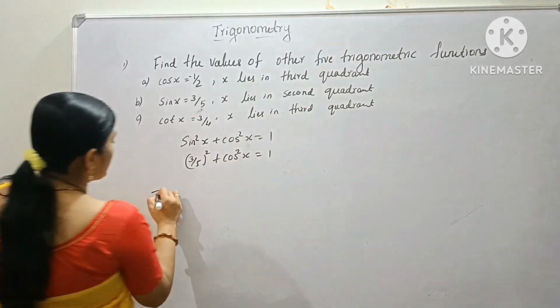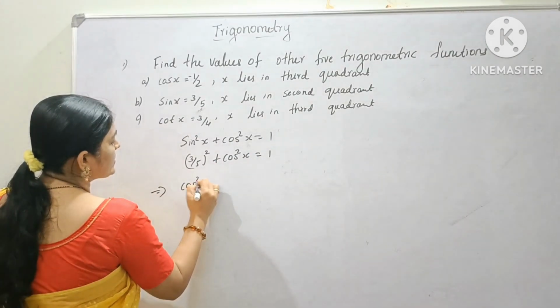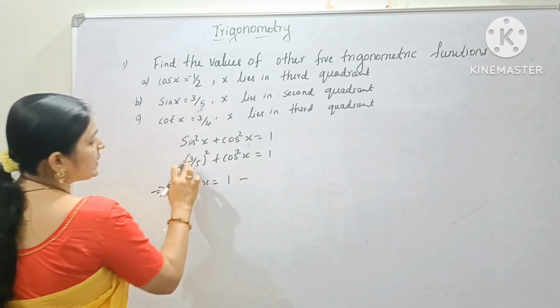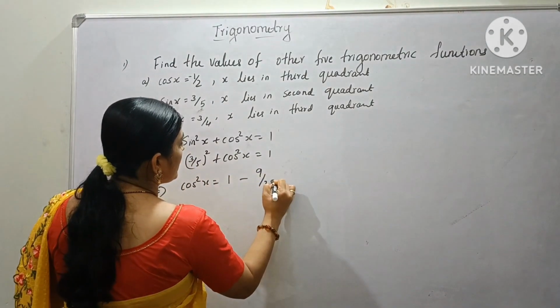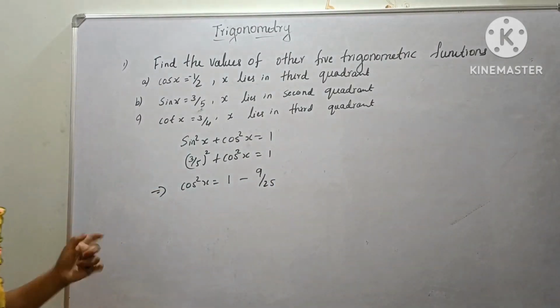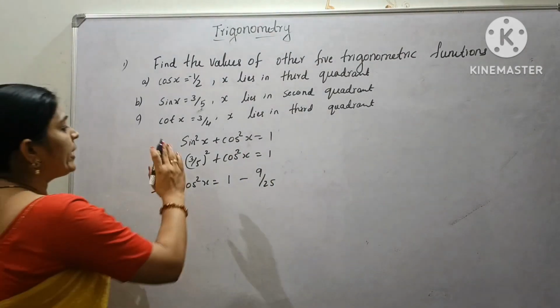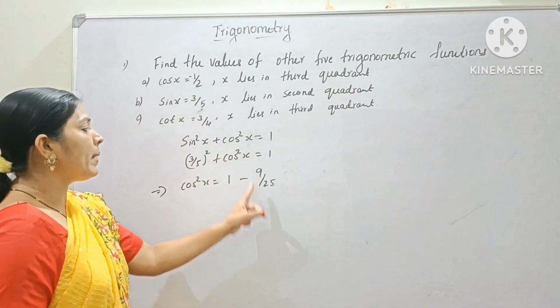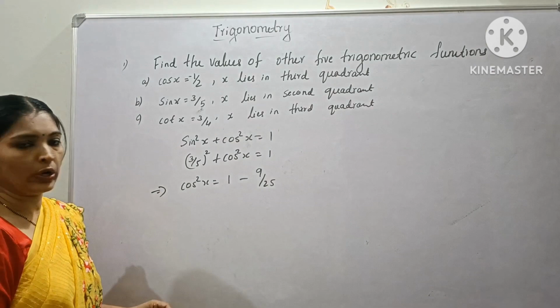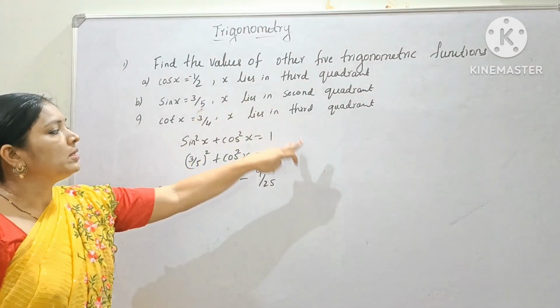That implies cos square x is equal to 1 minus 3 by 5 whole square, which is 9 by 25. 3 square is 9, 5 square is 25. Taking this term to the right side, we will get 1 minus 9 by 25.